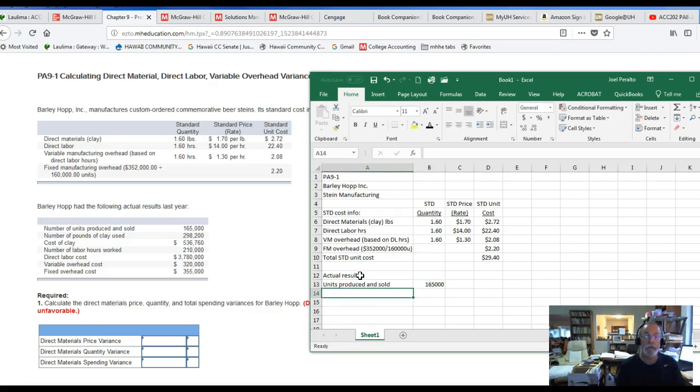$165,000. Number of pounds of clay used, 298,200.